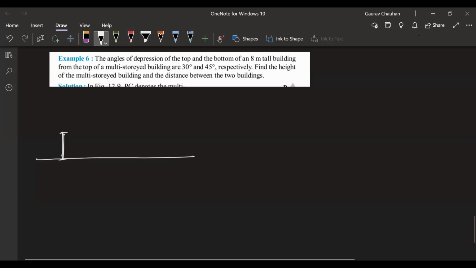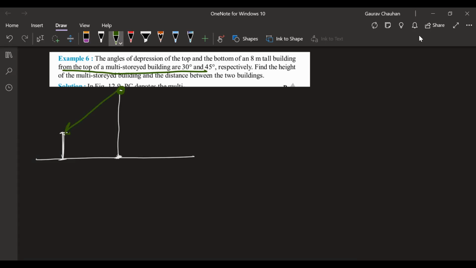They're saying this 8-meter tall building will have some angle of depression from where? From the top of a multi-storied building. So there is a very big building from where it will have an angle of depression. If Nishchay is standing here and he's looking down here, it will have an angle of depression.